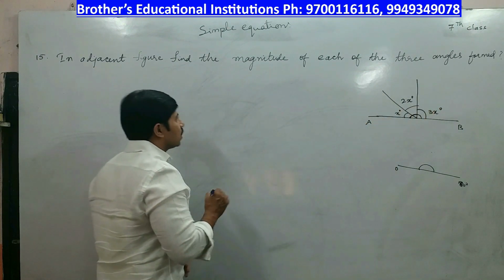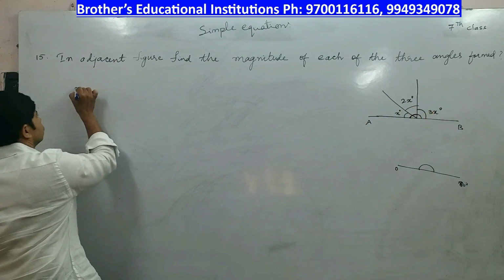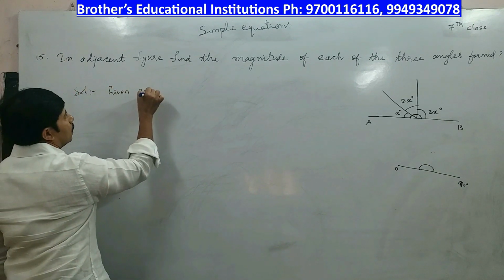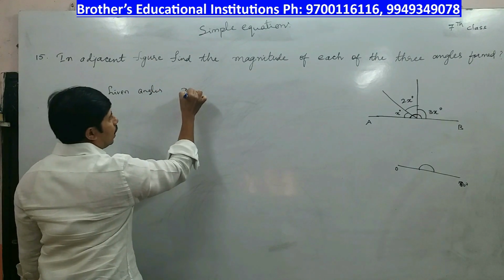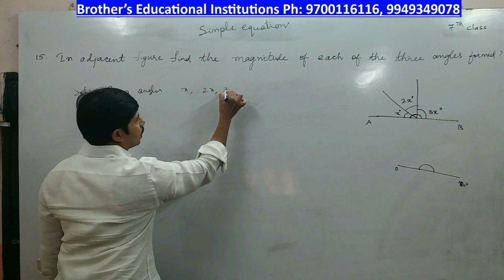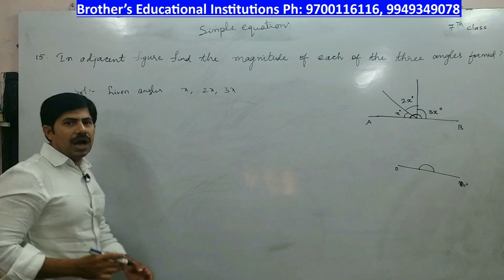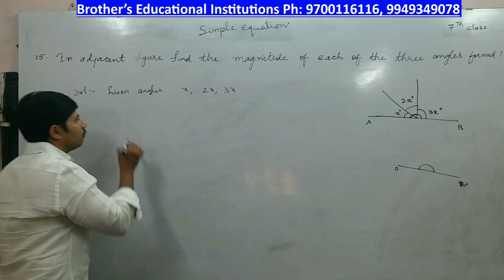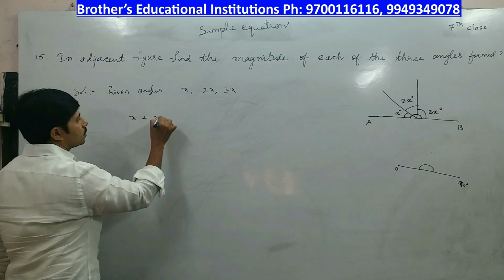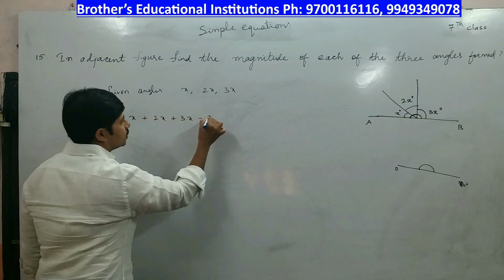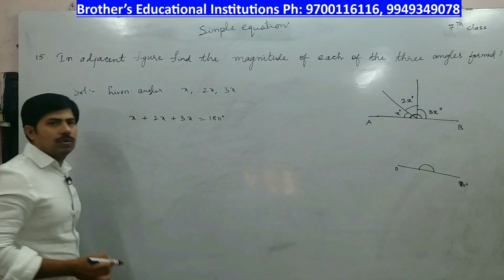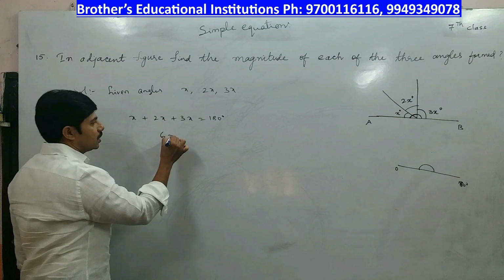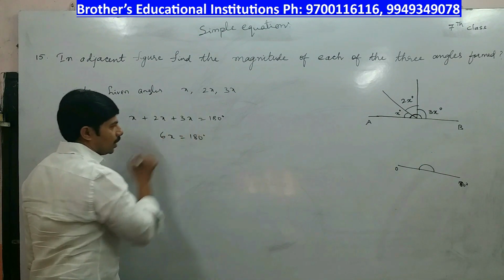So the given angles are x, 2x and 3x. As it is a straight line, the angle in a straight line is 180 degrees. What we do is x plus 2x plus 3x is equal to 180 degrees. So 3 plus 2 is 5, 5 plus 1 is 6. 6x is equal to 180 degrees.